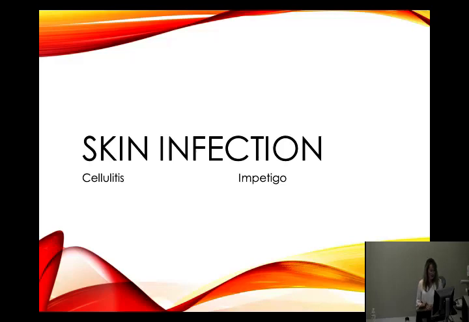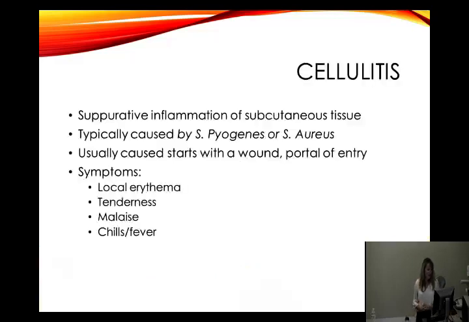So skin infection, cellulitis, and impetigo. So cellulitis is a proliferative infection of the subcutaneous tissue. It's usually caused by the 2 listed above there. So it usually starts with a wound. There has to be a portal of entry for that bacteria to get in.